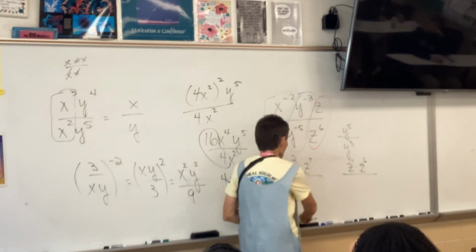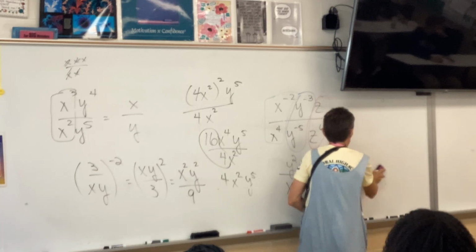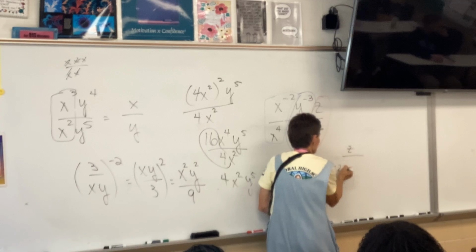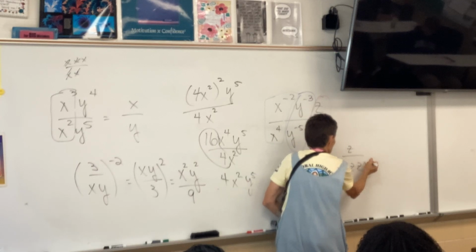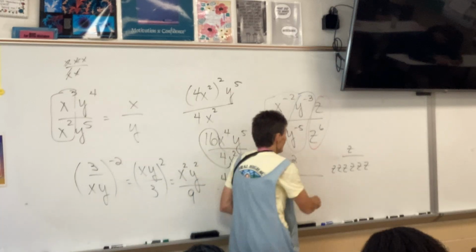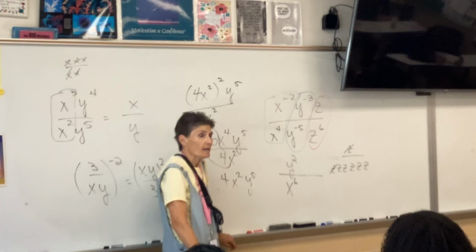So if I look at this, and I'm not saying you have to write this out, but this is z over z, z, z, z, z, z. That's what it is. This guy will cancel. And what's left?